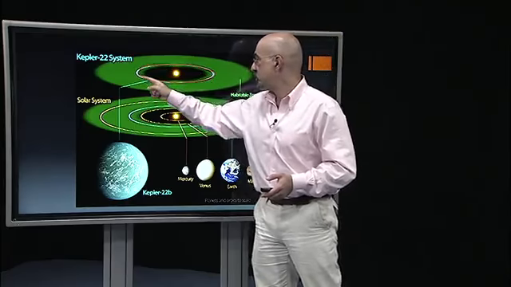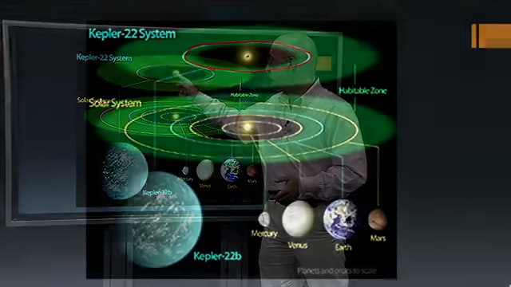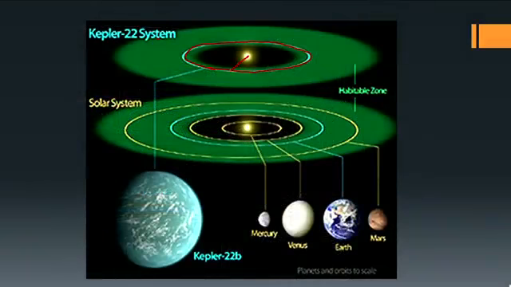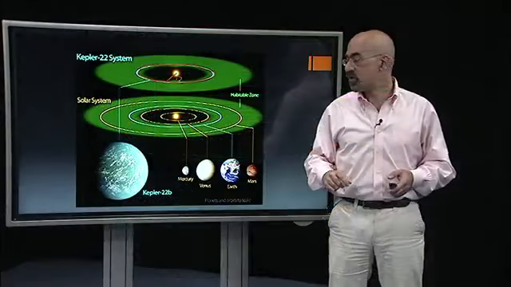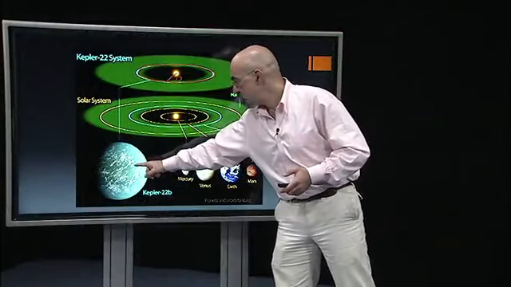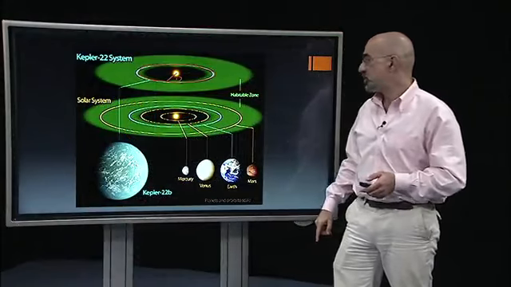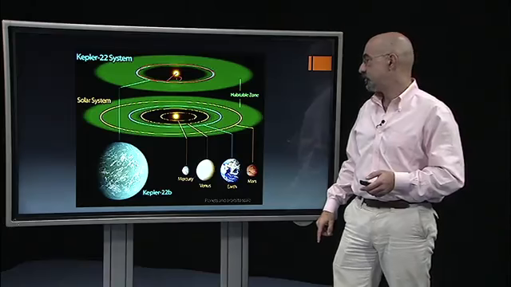We can take the distance from this star, Kepler-22's host star, to the planet, the temperature of the star, the radius of the star, compute the habitable zone of the star, and the very exciting result that the Kepler telescope found was this newly discovered planet lies within the habitable zone.